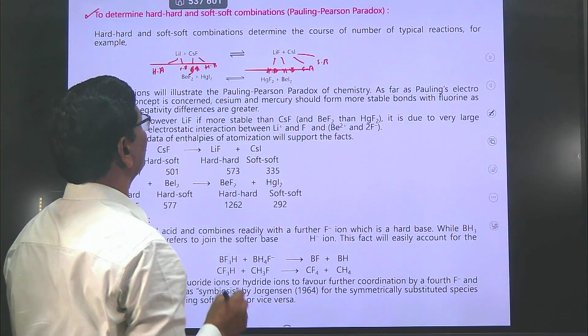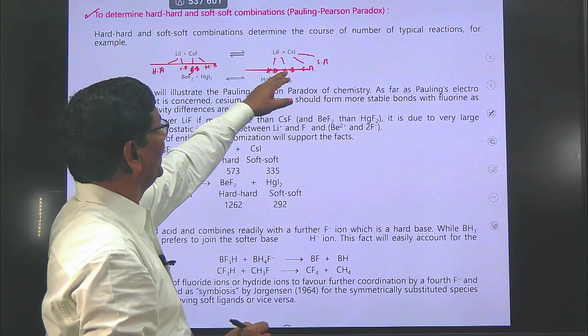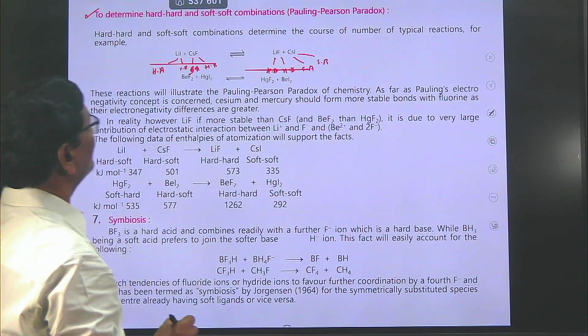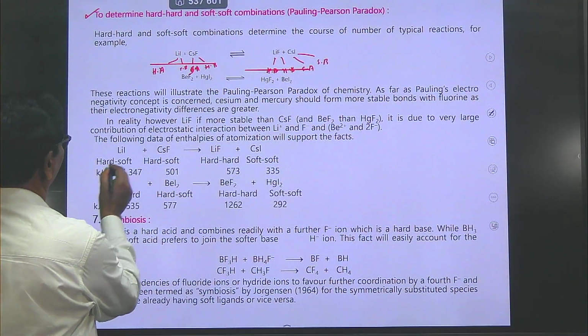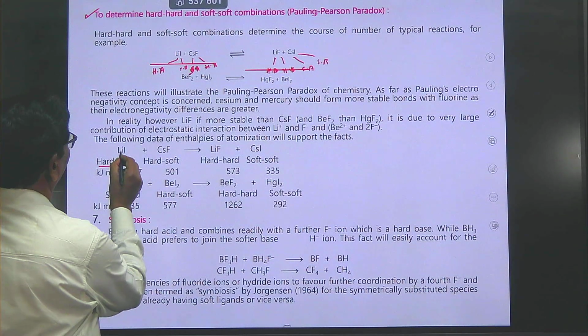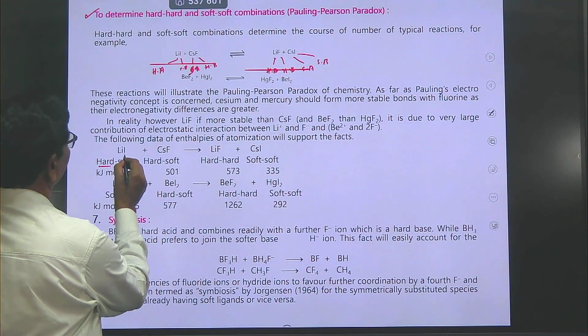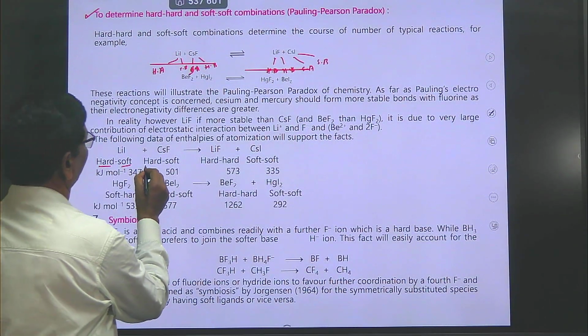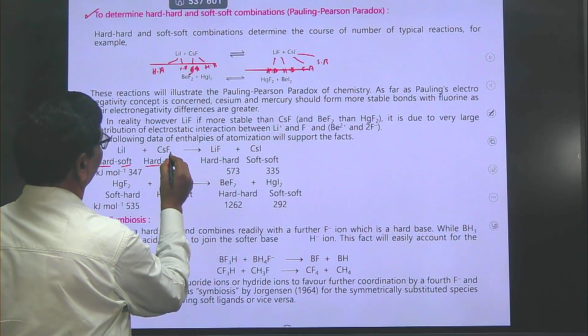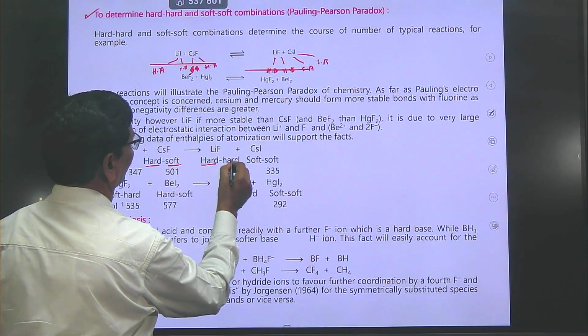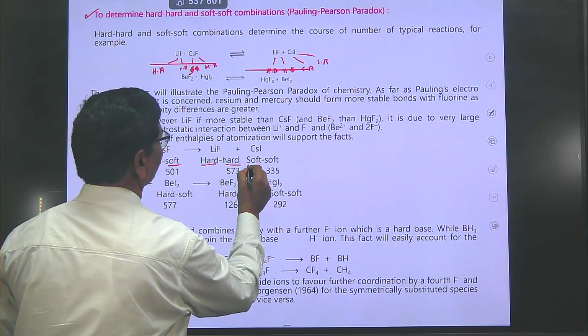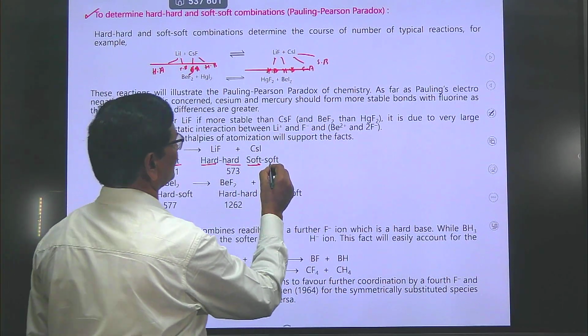Therefore, this combination is a very stable compound according to the Pearson rule. Lithium is a hard acid, then chlorine is the hard base. Cesium is the soft acid, iodine is the soft base.